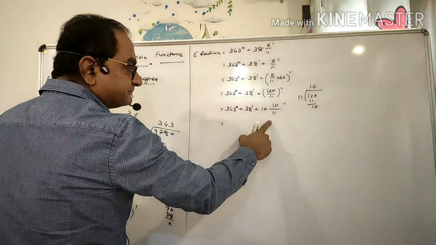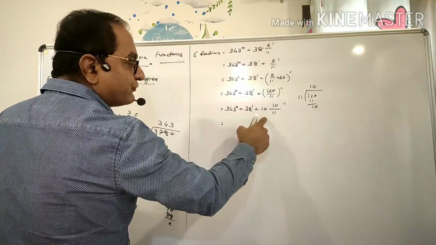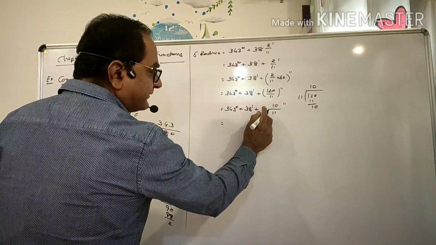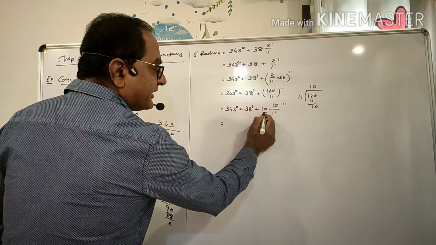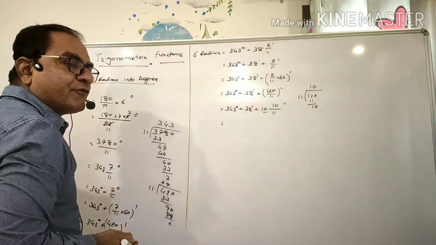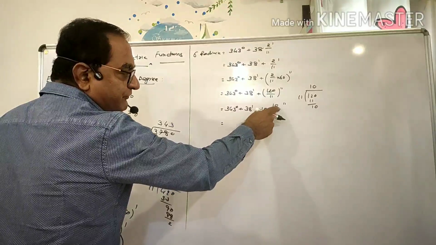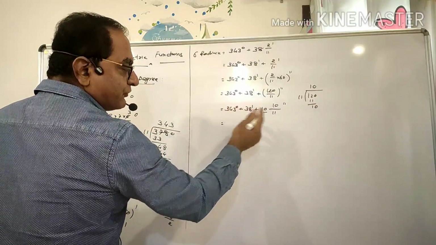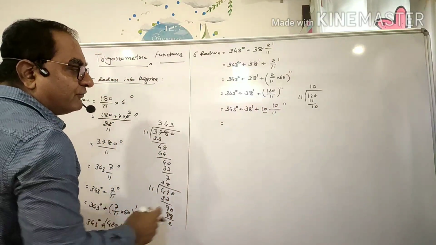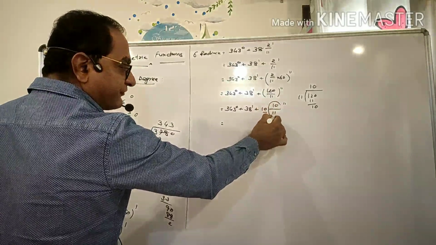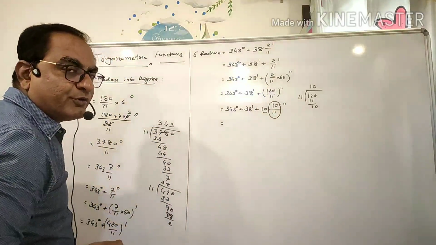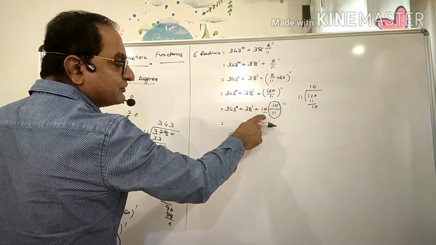Now 10 by 11 is greater than 0.5, so we will round it off. 10 is the integer part, and 10 by 11 is the fraction part. If this part is greater than or equal to 0.5, then we simply add 1 to the number.